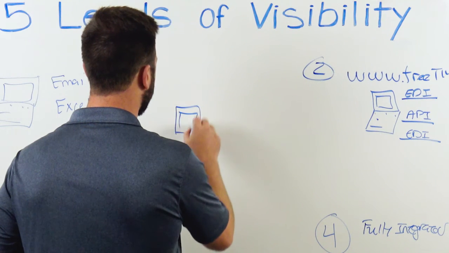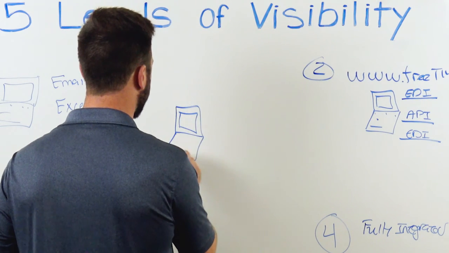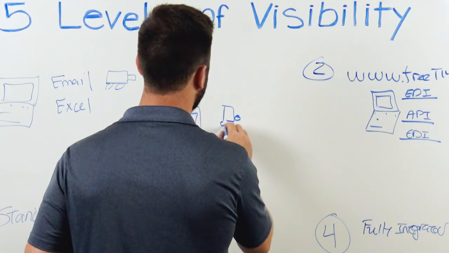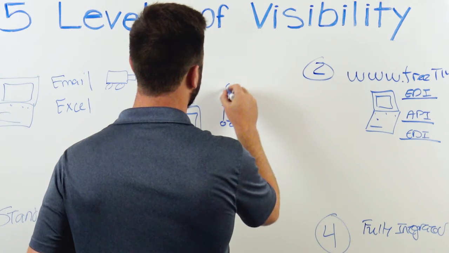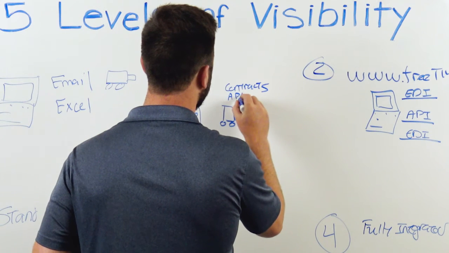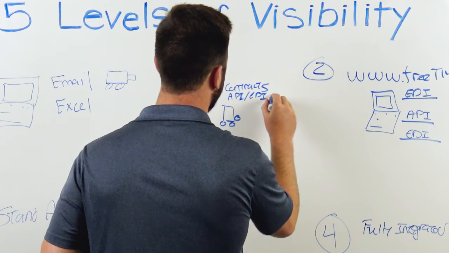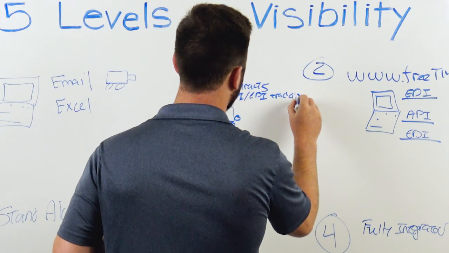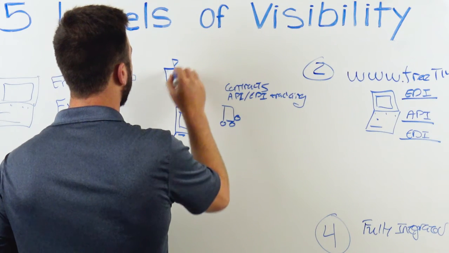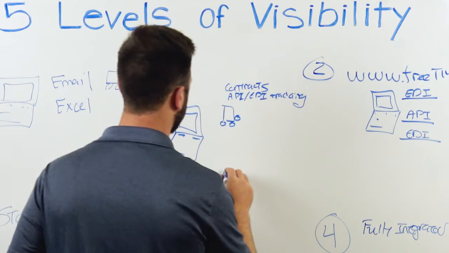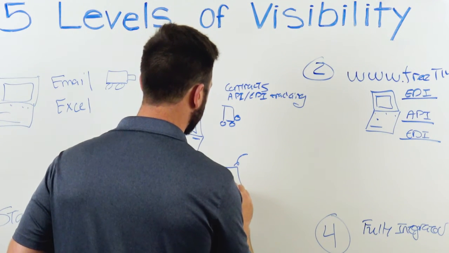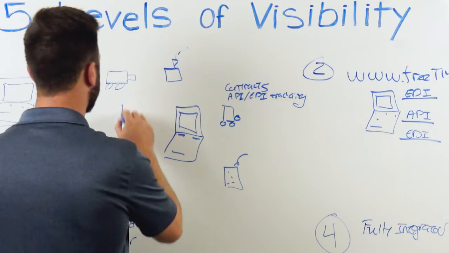So we have our same base TMS, but what we're going to see there is that we're integrated not only with our freight carriers for things like contracts and for things like API and EDI tracking, but we are also connected to warehouses, to manufacturing plants, and to our suppliers.